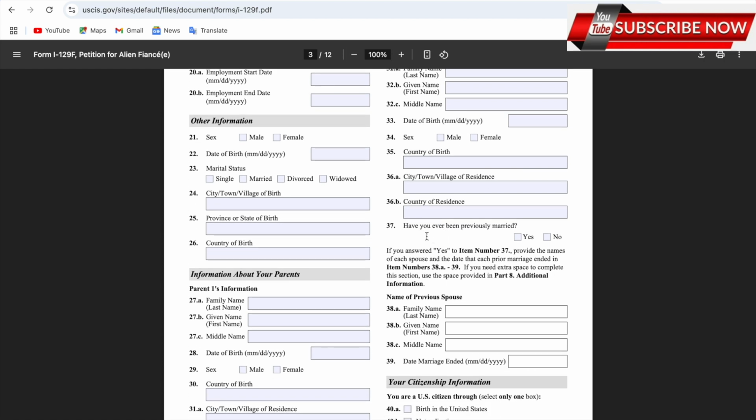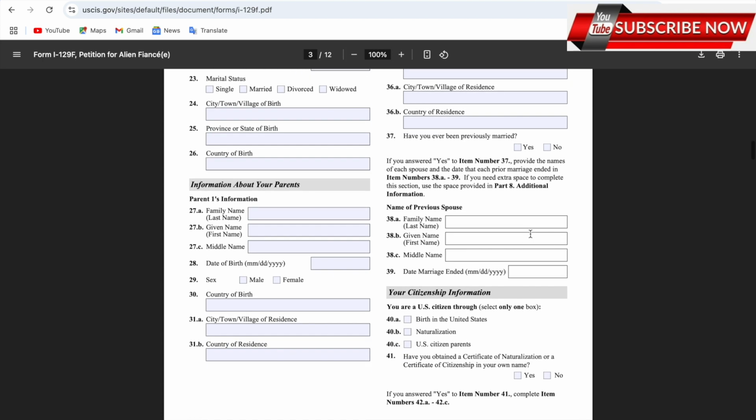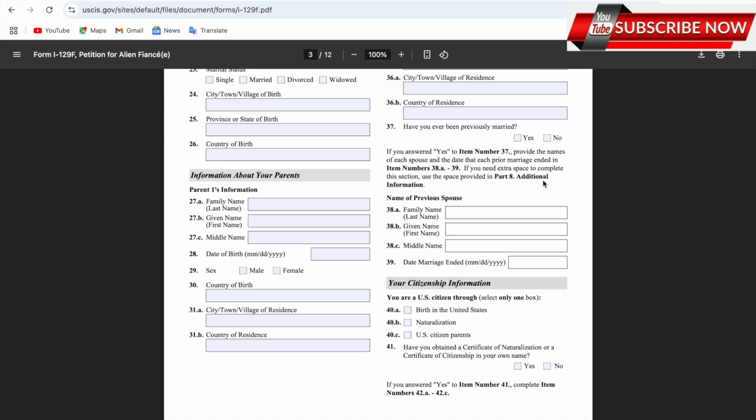So it says, have you ever been previously married? Have you been married before? If yes, then you have to fill this side out. So as you can see on my side, even if I click on yes, it doesn't allow me to edit it. Which means if you print it out, you have to put it in ink. But depending on the browser that you use, maybe it will give you that permission to put in that information.